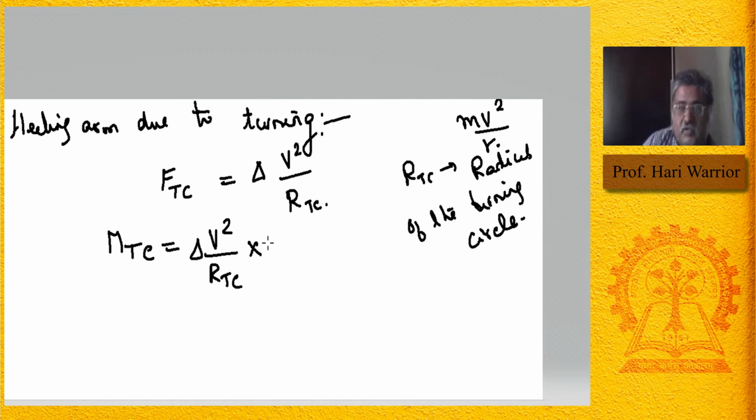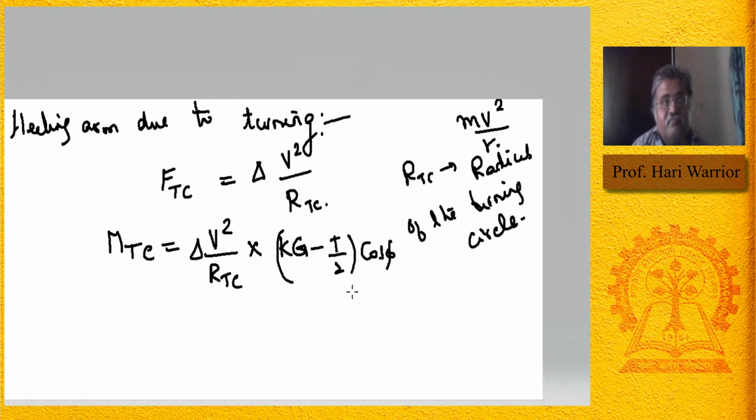The lever is the distance between the two forces, which is KG minus T by 2, cos phi. The cos phi comes for the same reason as we said for the wind. The difference in this case is that the force doesn't get a cos phi, so there is only one cos phi here, coming from the lever.